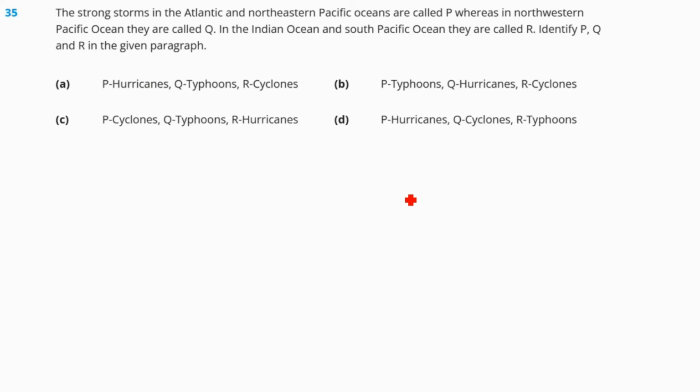Question number 35. The strong storms in the Atlantic and the Northeastern Pacific Oceans are called P, whereas in Northwestern Pacific Ocean, they are called Q. In the Indian Ocean and South Pacific Ocean, they are called R. Identify P, Q, and R in the given paragraph.